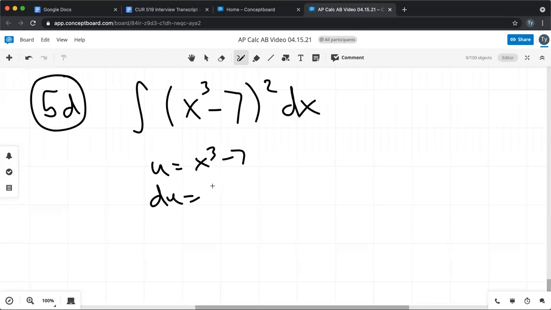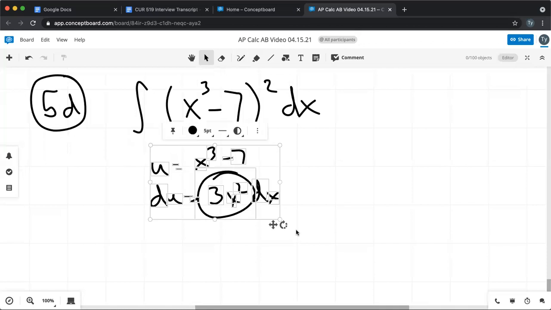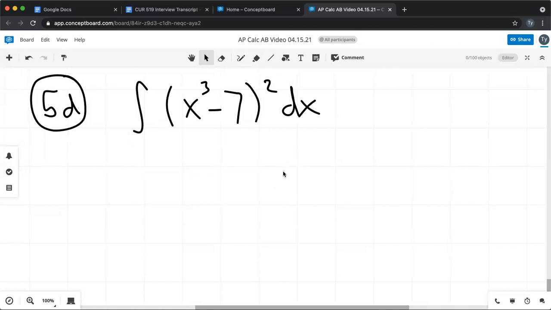Derivative of x cubed is 3x squared. Derivative of -7 is 0, right? We don't have any 3x squareds here, right? That's a problem. So is there something else we could try? Yes.